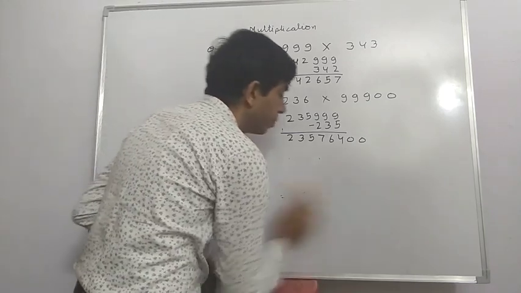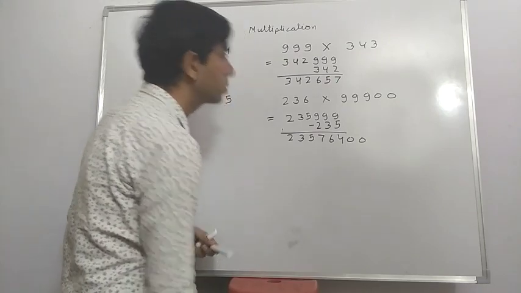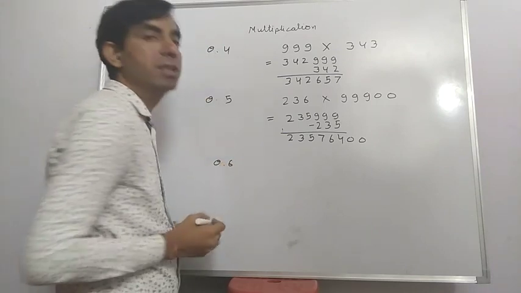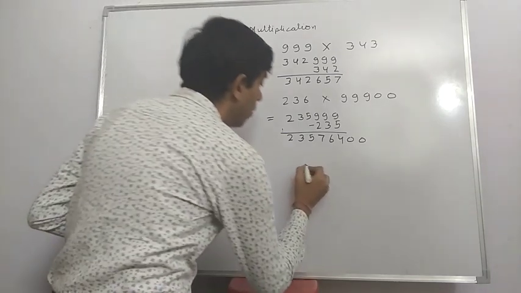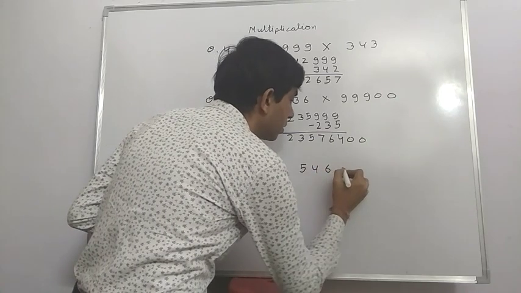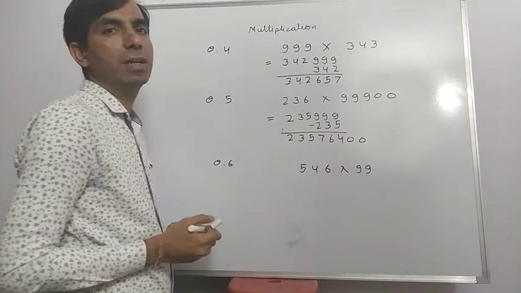Sometimes our 9 digit number is small, just like 546 multiply 9. But it does not matter.